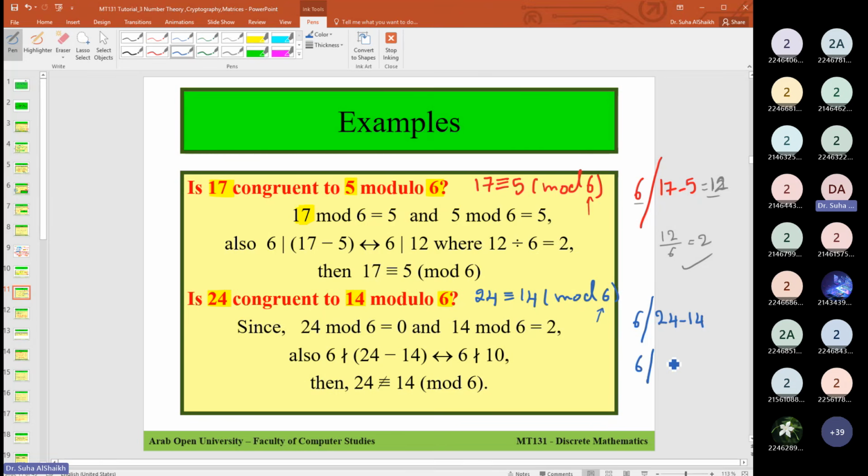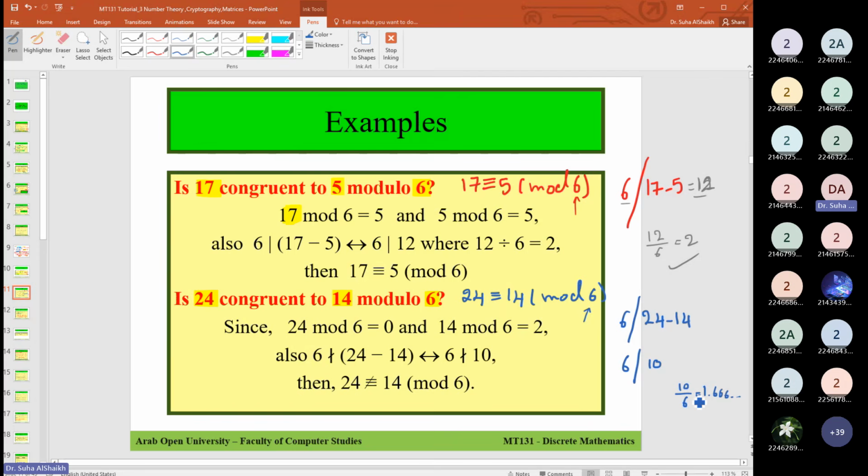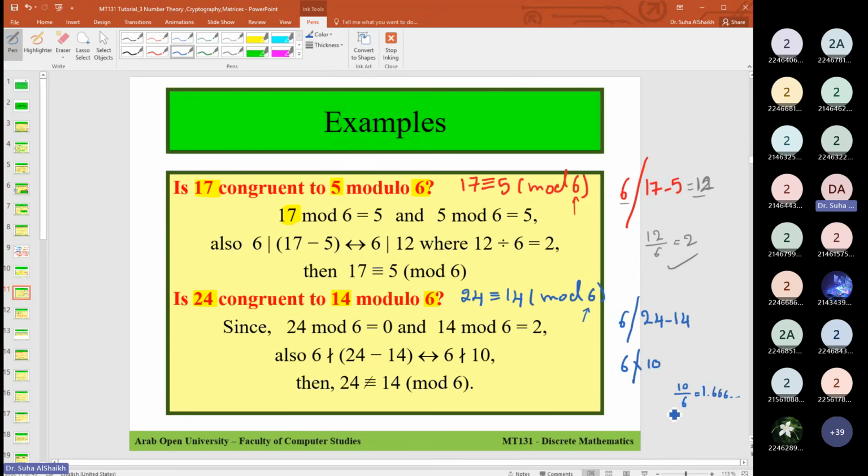So 6 divides 24 minus 14, which is 10. Is it true that 6 divides 10? If I divide 10 by 6, it equals 1.666 and so on. So actually no, 6 is not dividing 10, which means 24 is not congruent to 14 mod 6. Okay? This is the meaning of congruent. Congruence comes from the remainders of division, or from the number inside dividing the difference between the two numbers we have.